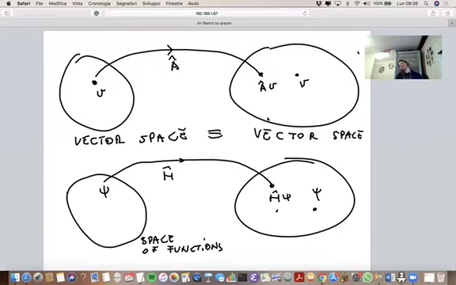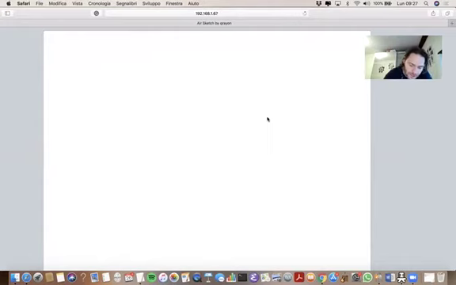So both matrices and differential operators are linear. Just to give you an idea, whenever you define a property, I think you don't understand it thoroughly until you ask yourself, okay, let's discuss something that doesn't obey that property. So let me give an example of a non-linear operator.